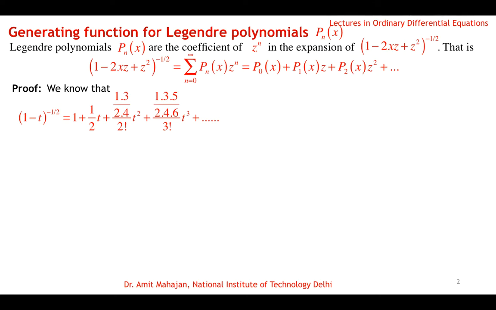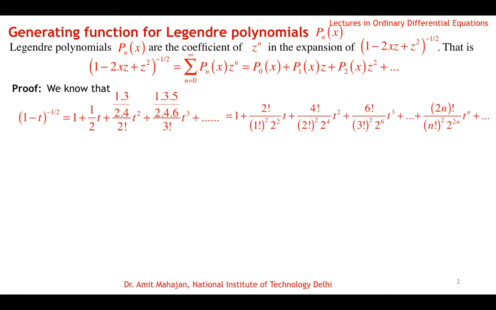So we know that the expansion of (1 - t)^(-1/2) is this. This can be rewritten easily into this form, where for the second term, if we multiply by 2 and divide by 2, we can write it as 2 factorial by 2 square.